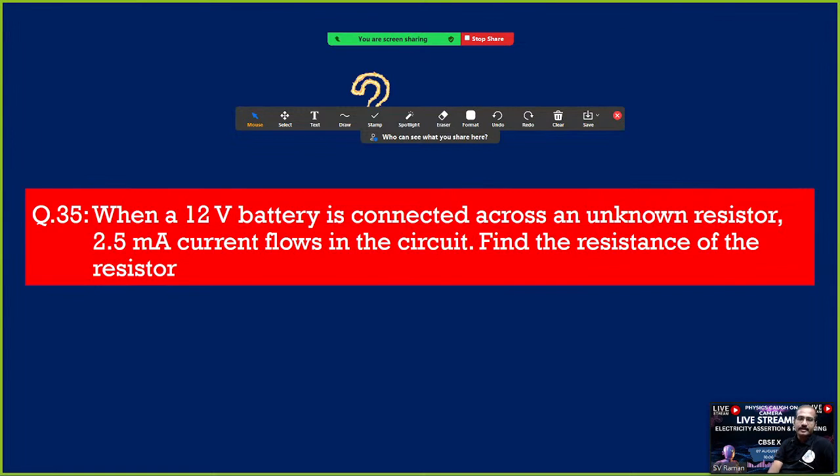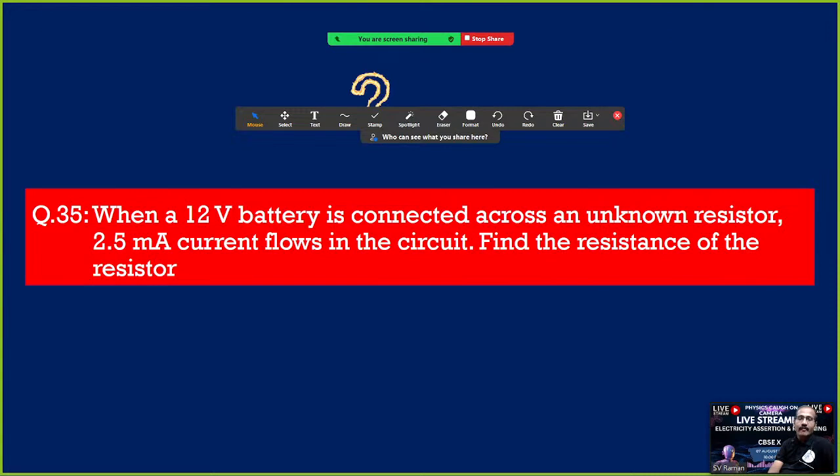Next question. When a 12 volt battery is connected across an unknown resistor, 2.5 milliamperes of current flows in the circuit. Find the resistance of the resistor.